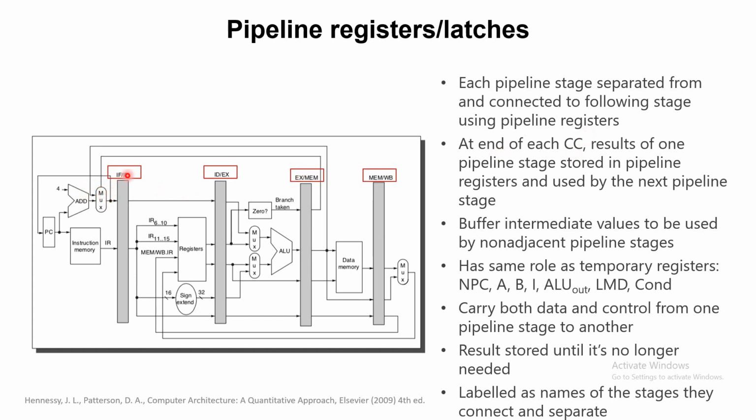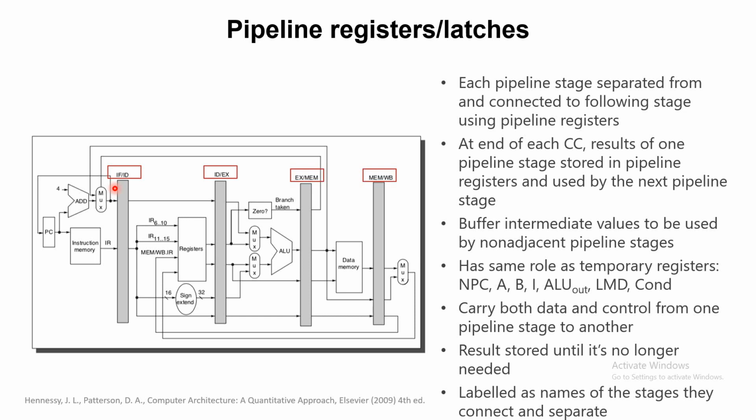To store the data temporarily, to store the outcome of each and every stage, either in the form of data or in the form of control signals, a set of registers will be inserted between the two stages, which was not there in the unpipelined case, because at one time only one stage is going to perform the operation.